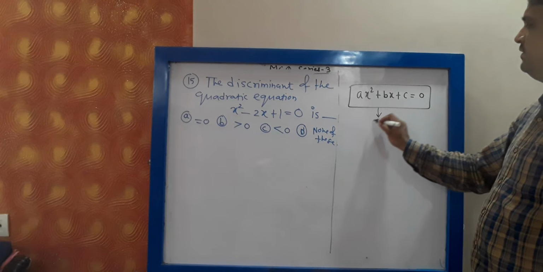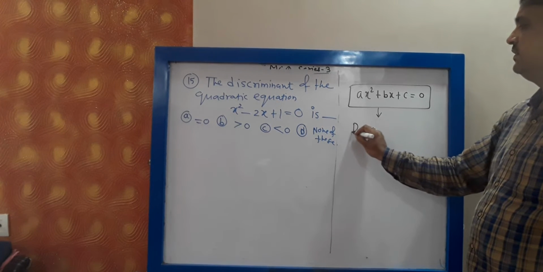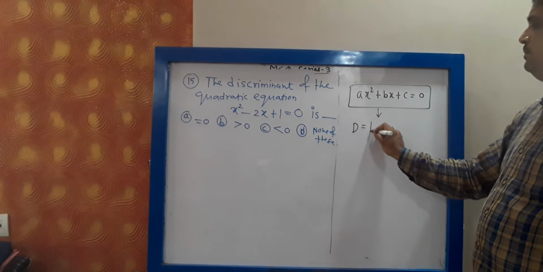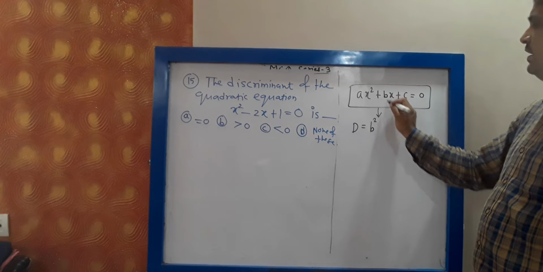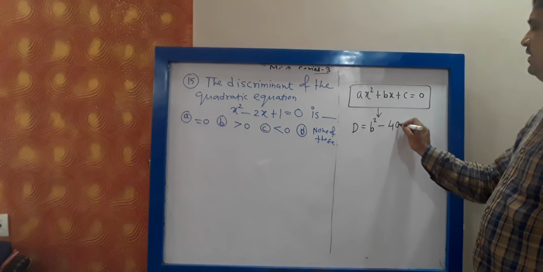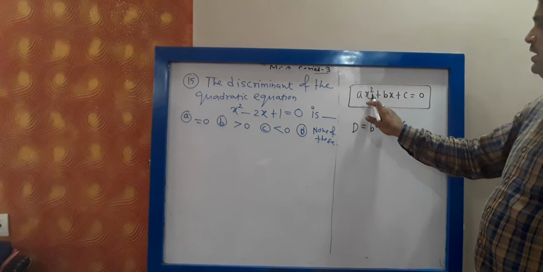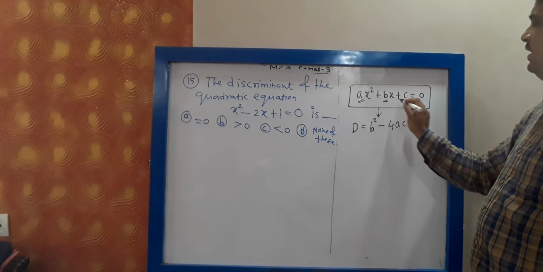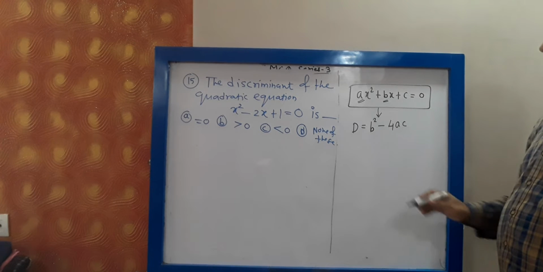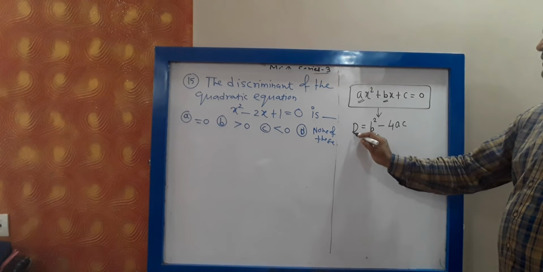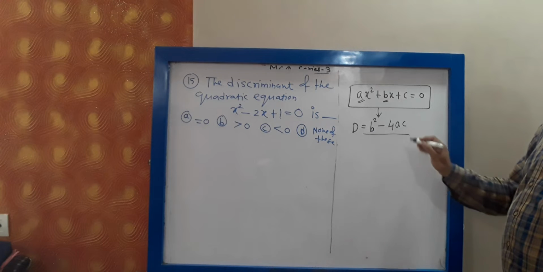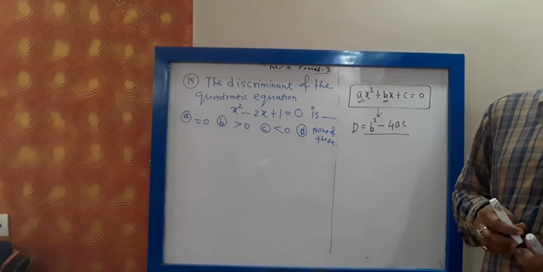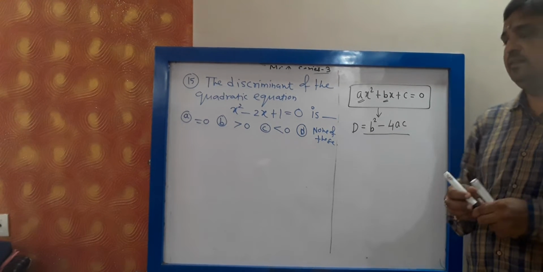The discriminant of this quadratic equation is D, and that is b square minus 4ac. The coefficient of x square is a, the coefficient of x is b, and c is the constant. So discriminant D is b square minus 4ac.